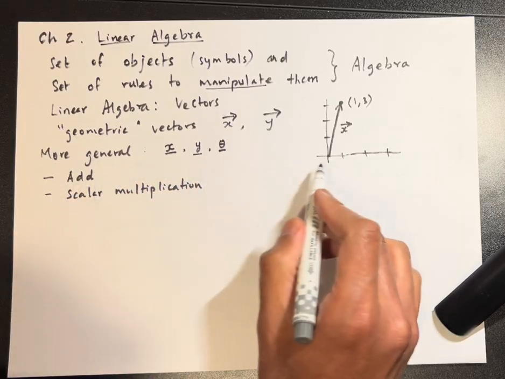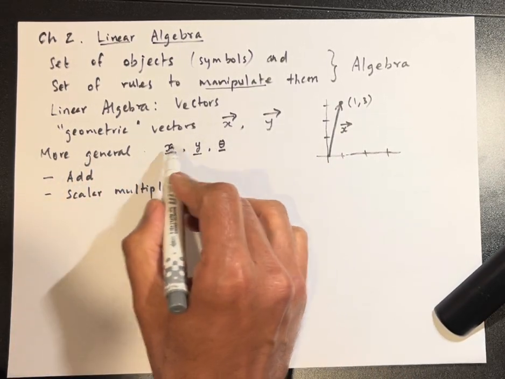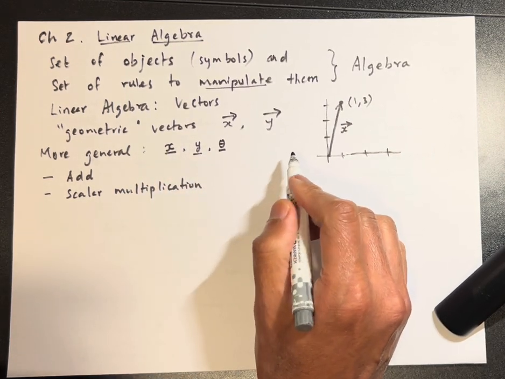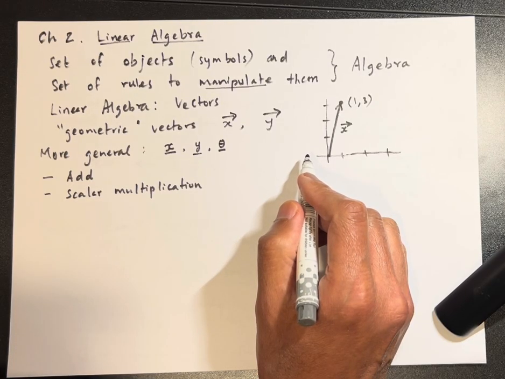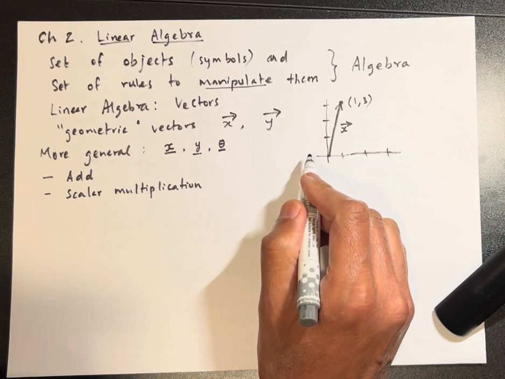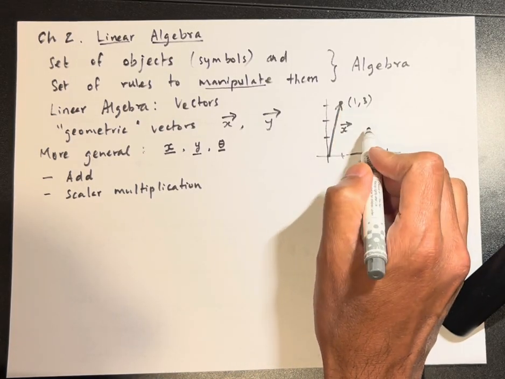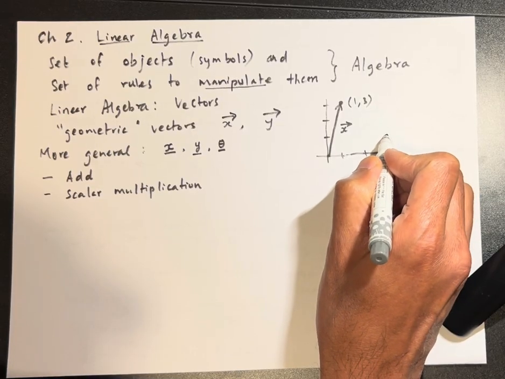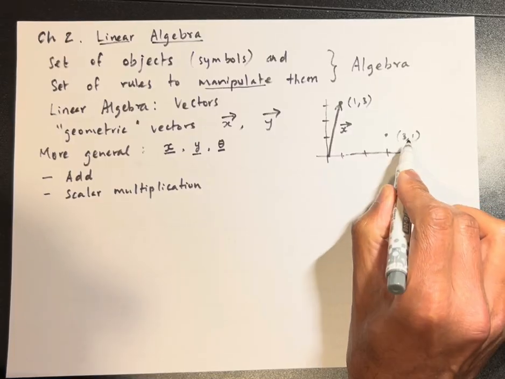So the geometric vectors like these ones are also of this nature, which we can write in this more general form. They are directed and they can be drawn, and geometric vectors can be added. This is from our school. For example, let's say this is x, and I want to say this is y, which in this case is (3, 1).